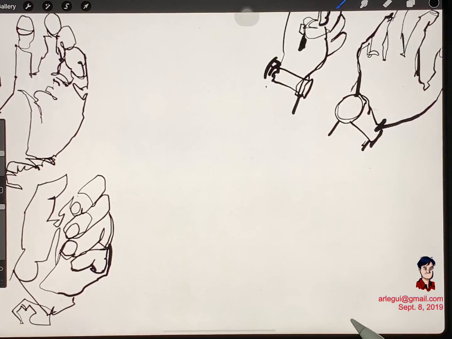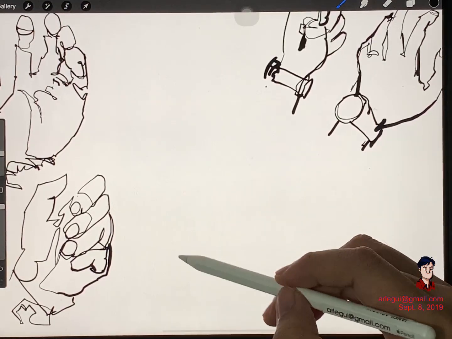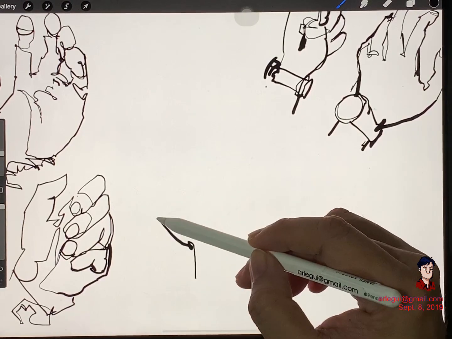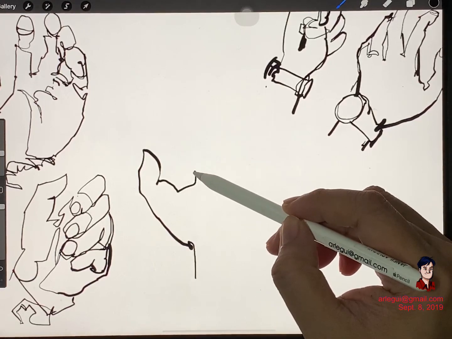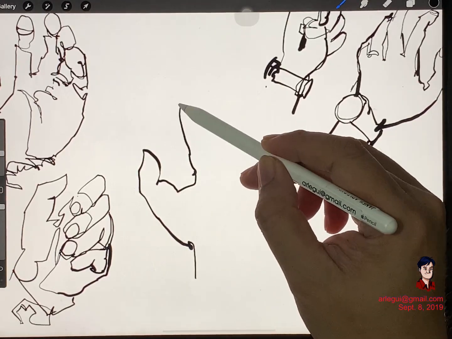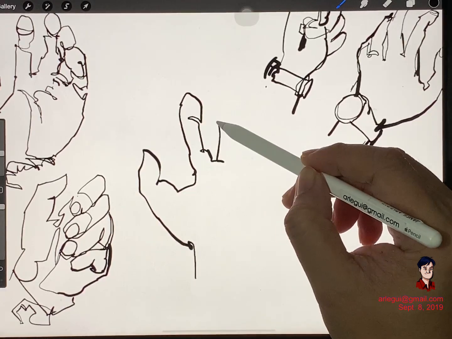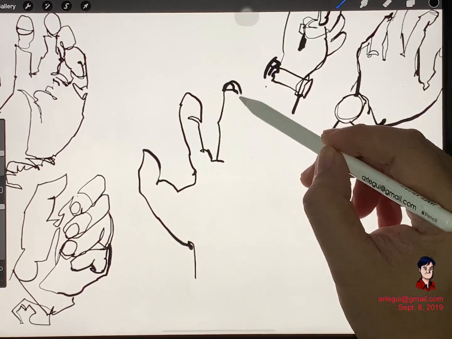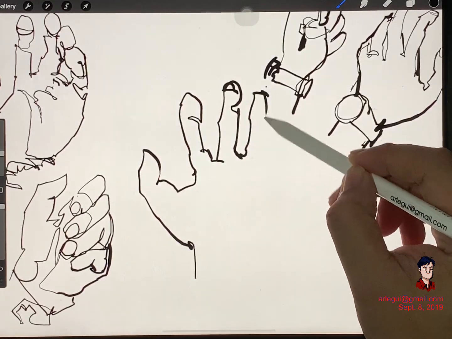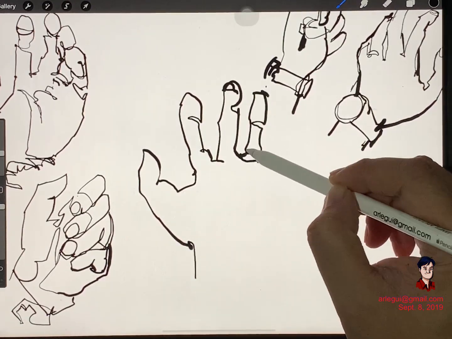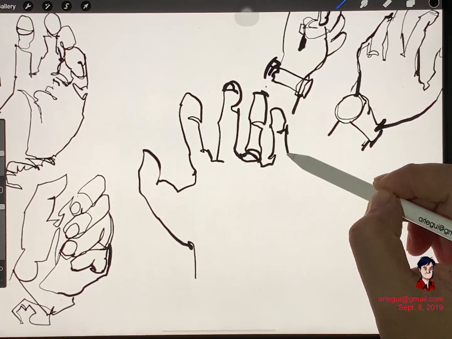So here I'm just showing you various positions of the hand, and I can do them in seconds. This is easy for me because I have done a lot of eye and hand coordination for years, and for me to just look at my hand and tell my drawing hand to just draw and trace as closely as possible, it's easy for me now.